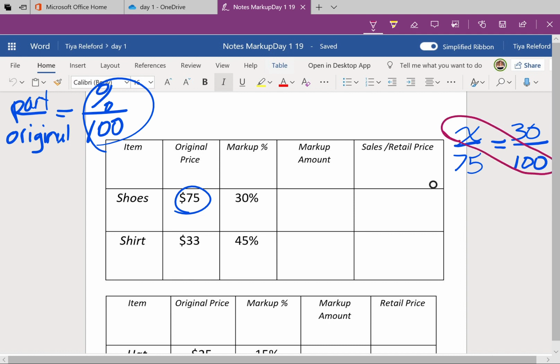We have 100 times x. And we don't know that answer, so we just call it 100x. We also have 75 times 30.